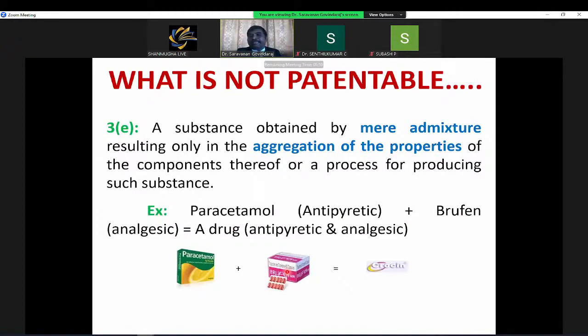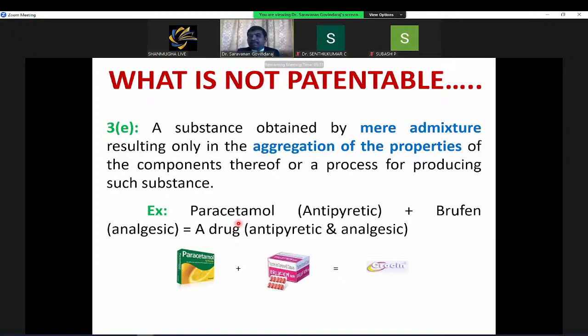And according to section 3(e), when a substance is obtained by mixing already existing two things. So, for example, all of you may be aware of paracetamol, which is an antipyretic agent, and Brufen, which is an ibuprofen, or diclofenac, used as a painkiller, an analgesic agent. Both things are individually available.